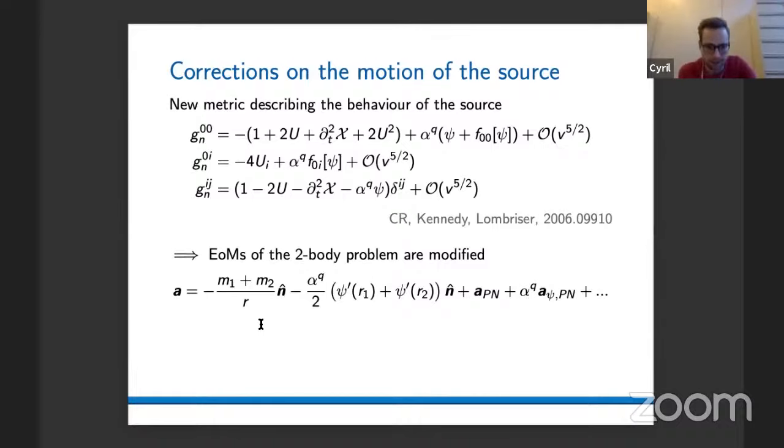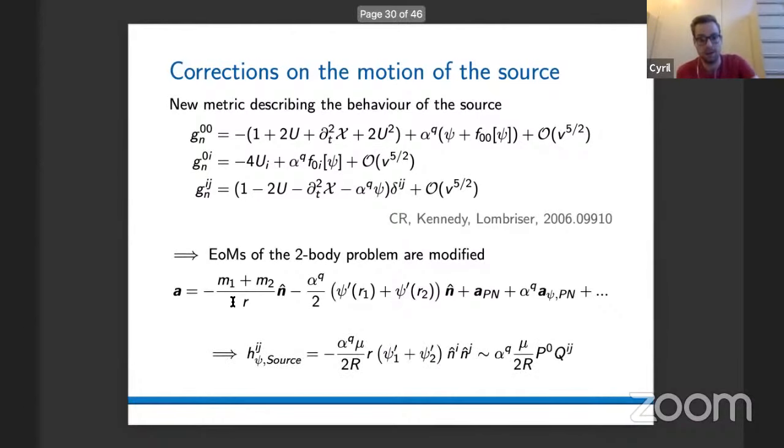All right, if you take now this acceleration and put it in the gravitational waveform that we calculated using general relativity, you find this contribution from the fact that the source is affected. So you get an extra term in the gravitational waveform that looks like this. You have mu divided by 2r, so the same factor as we had for general relativity.